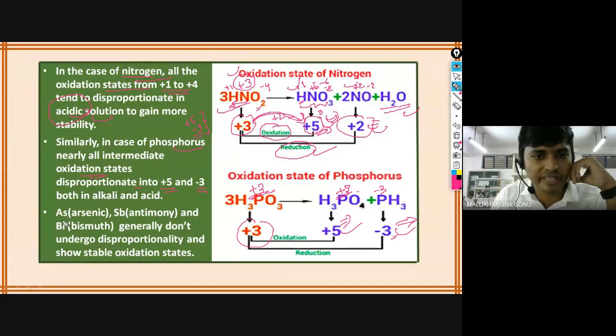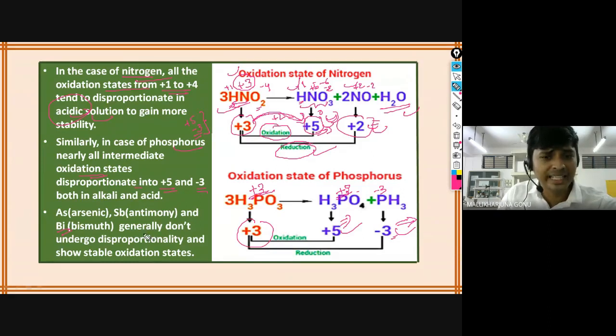So heavier elements like bismuth, arsenic, antimony, they generally don't go under disproportionation reactions. So why don't they go through disproportionation reactions? Aishwarya, can you tell what could be the reason this disproportionation cannot take place in this case? What could be one of the reasons? So here we are getting +5 oxidation state. So will it give +5 bismuth?